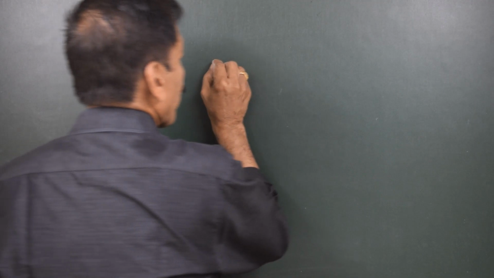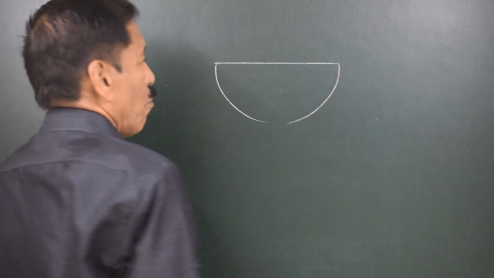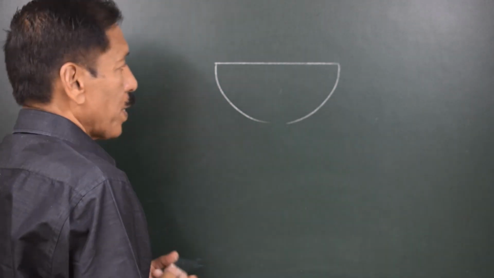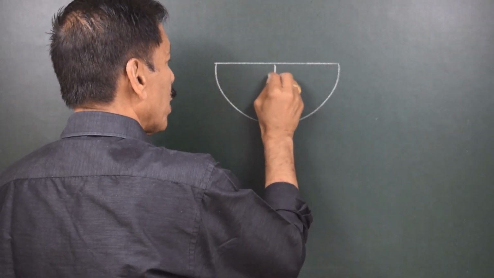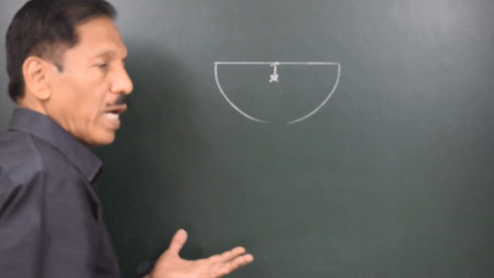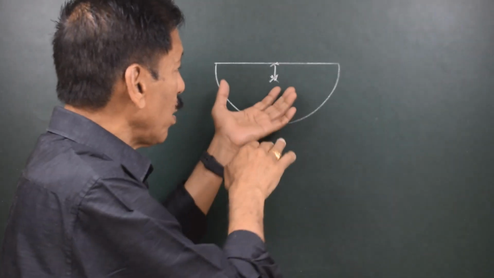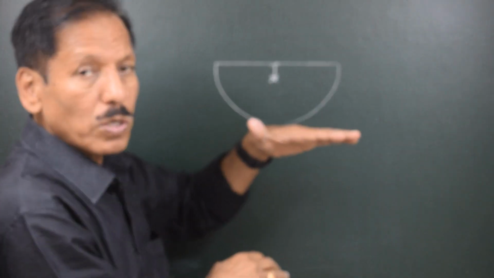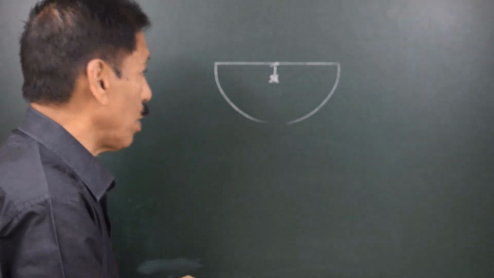Now let's consider a semicircular shape. We must know about a semicircular plane that the centroid is a point at which we can balance the plane. Suppose we make this semicircular plane horizontal and we balance at this point, it will remain balanced in equilibrium.